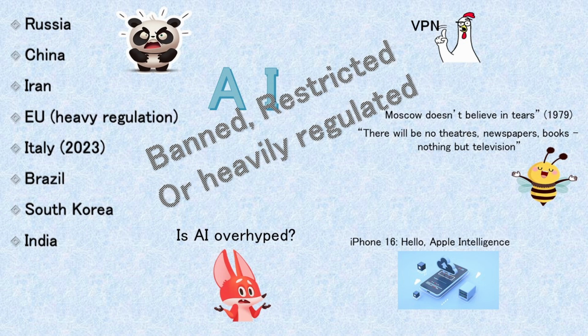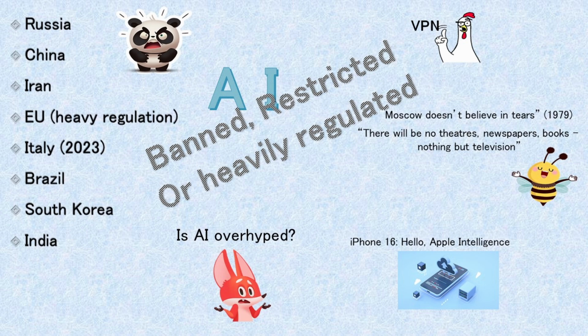What are some common concerns and ethical considerations surrounding the use of AI in education? Several countries have implemented restrictions or bans on specific AI applications due to concerns about data privacy, national security, or social stability. For example, Italy temporarily banned ChatGPT.